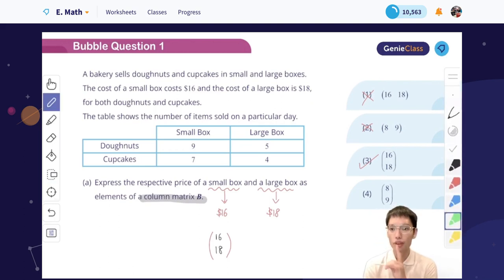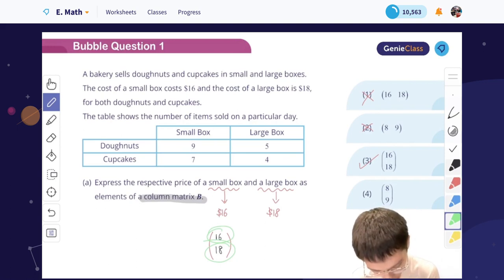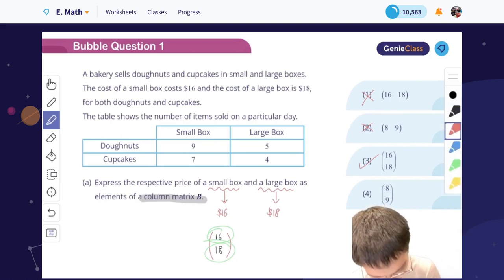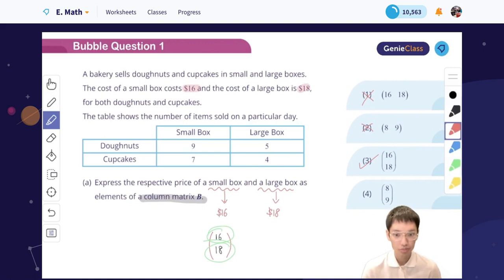And then we don't simplify because we just want the prices of the matrix. So it's going to be 16 and 18 over here, because the prices literally state 16 and 18. So just take note. We don't simplify because we just want to write down what is given in the question and not change it. Okay, I do hope this is a little bit better in terms of explaining now.